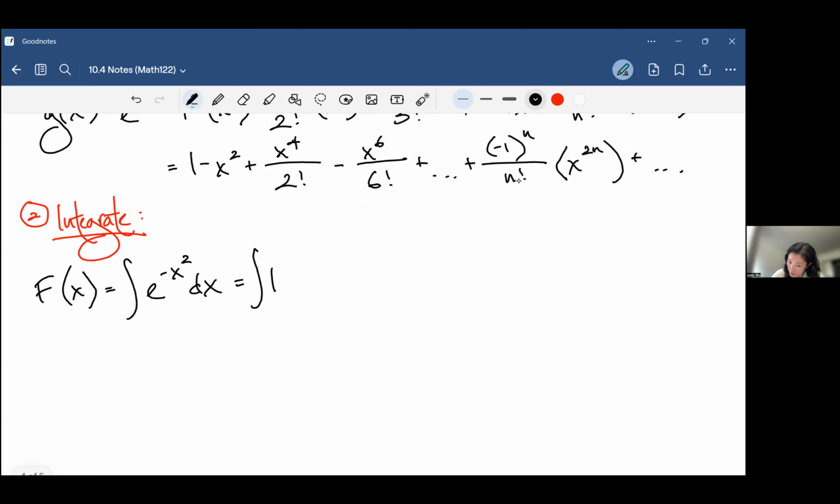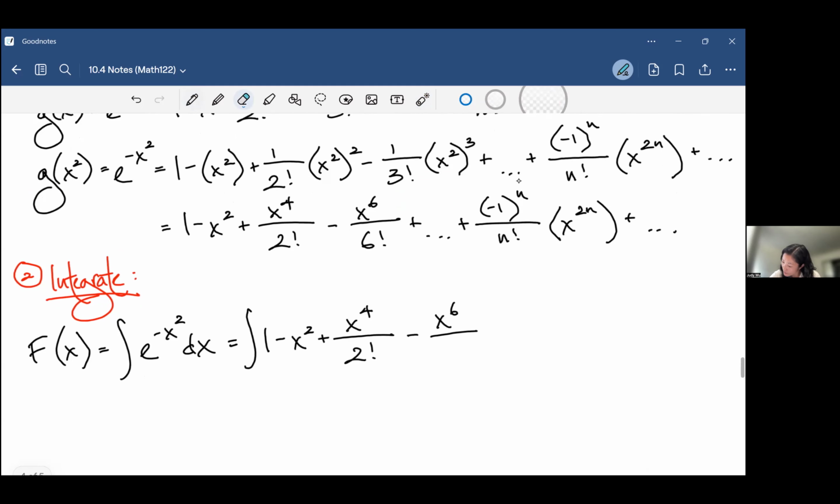So 1 minus x squared plus x to the 4th over 2 factorial minus x to the 6th over, oh gosh, that's not 6 factorial, that is 3 factorial, excuse me, plus until I get to negative 1 to the n x to the 2n over n factorial.